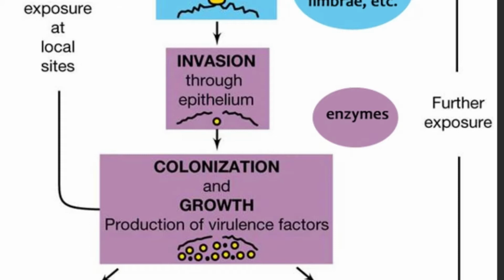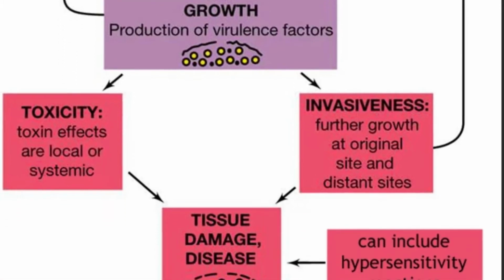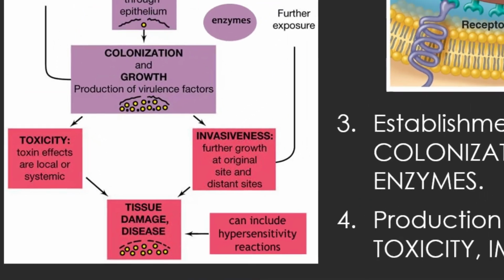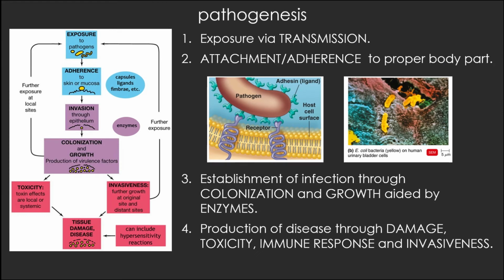And ultimately, all of those things together produce a disease state, which you'll remember from our chapter 14 terminology means an altered body state. And that disease state can sometimes happen directly through damage by the microorganisms. It can happen because the microorganisms produce toxins, and it can also happen because the immune system over-responds to the pathogen.